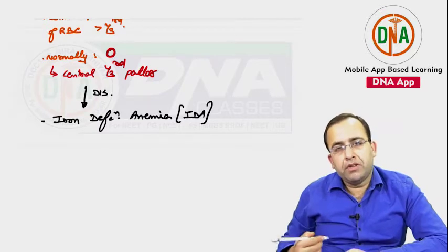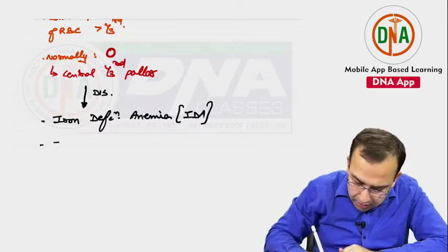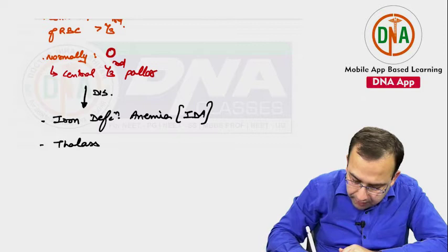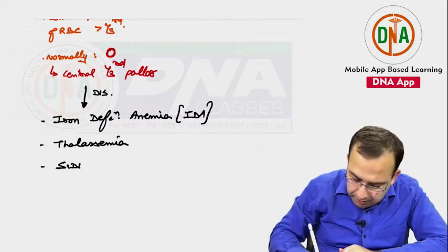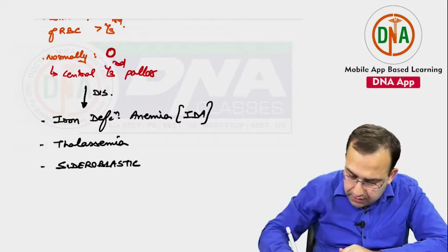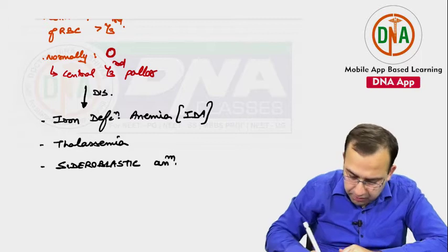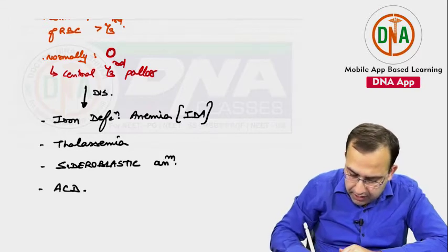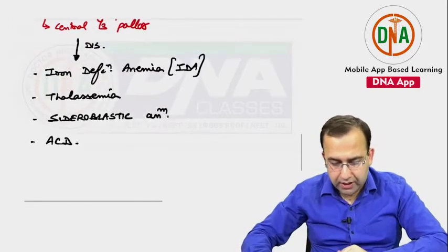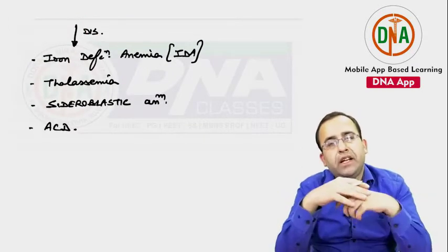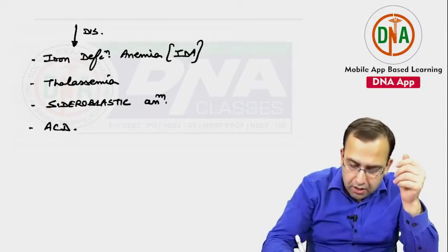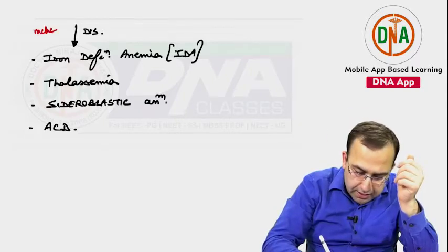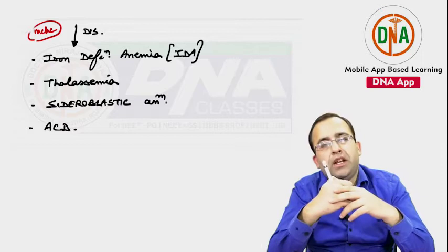Other causes of microcytic hypochromic anemia are thalassemia, sideroblastic anemia, and anemia of chronic disease, ACD. A very basic list: causes of microcytic hypochromic anemia.